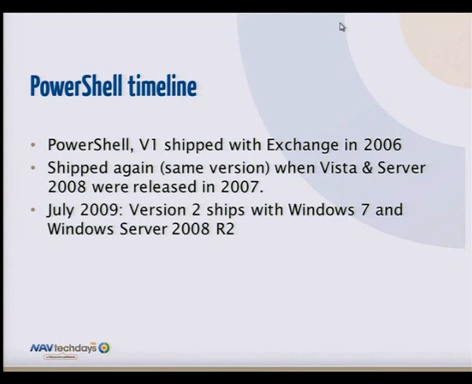But when Windows 7 shipped in 2008 or 2009, a newer version of PowerShell came along, and that's version 2, of course. That version contains a lot of new stuff. Basically, it's PowerShell version 1, but with a lot of new stuff. And one of the great features was remoting.